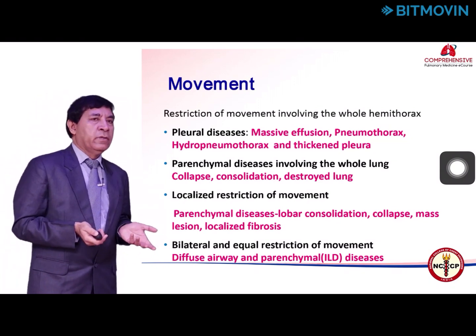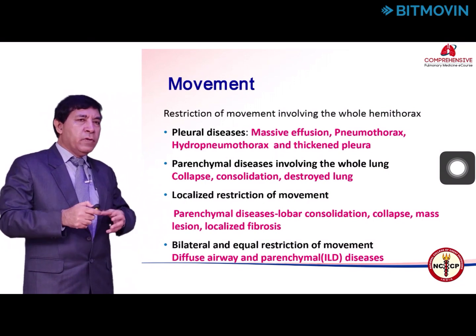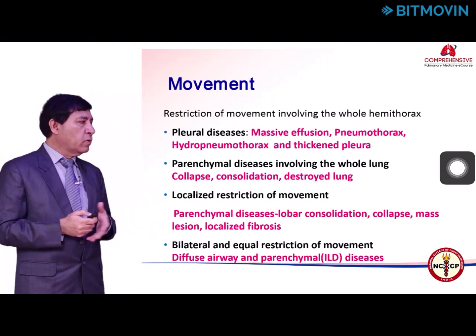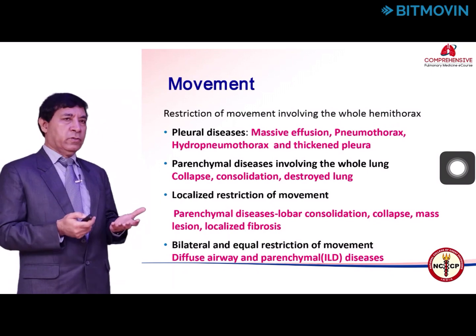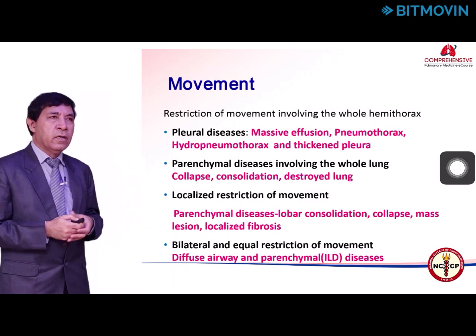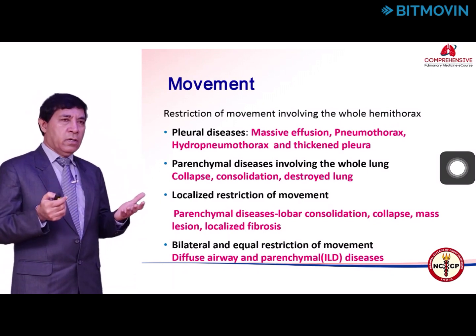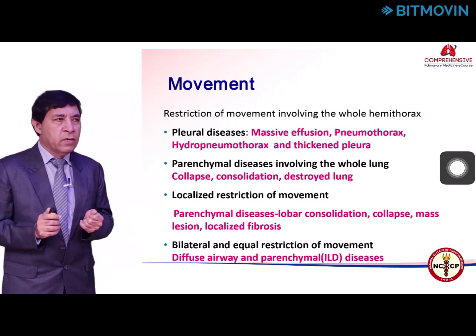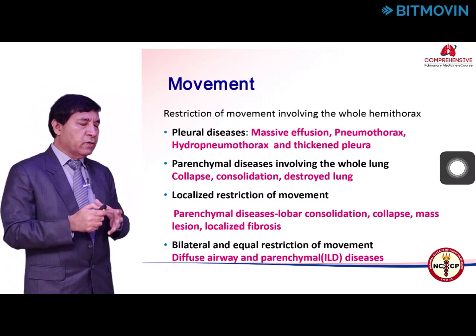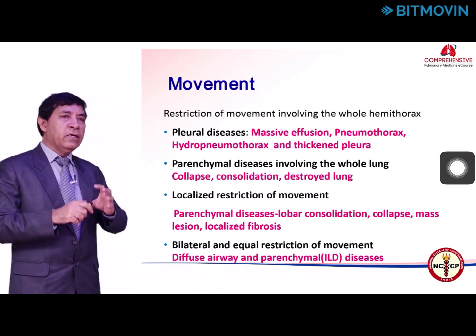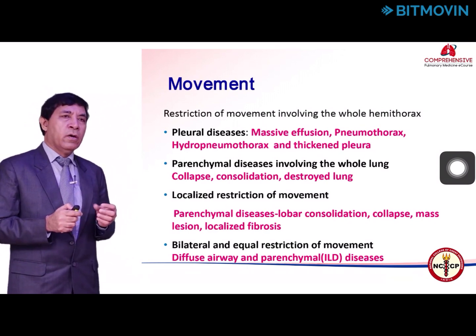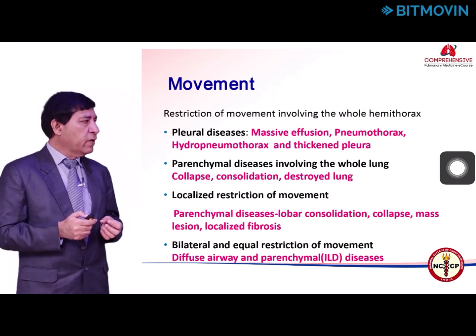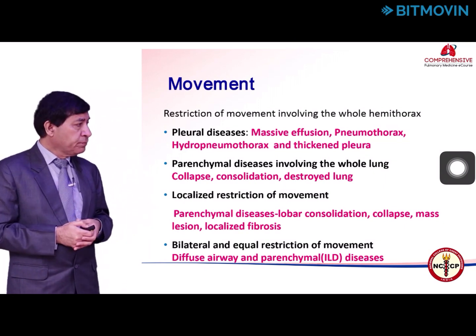Then there are situations when the movements may be restricted equally on both sides, but they are reduced. As I mentioned to you earlier, the usual movement on both sides varies from 4 to 6 centimeters. So, if we take an average of 5 centimeters movement bilaterally, then each hemithorax will be moving almost equal to 2.5 centimeters in an average adult.